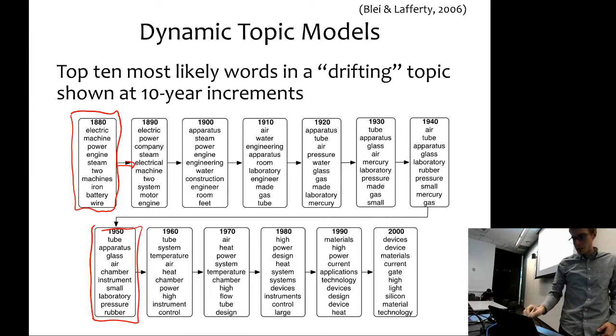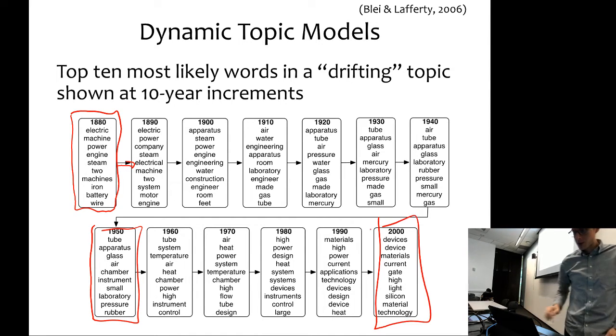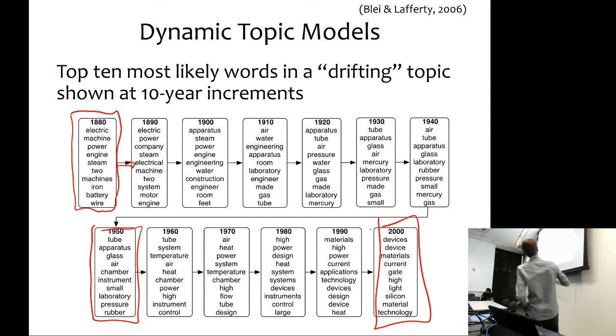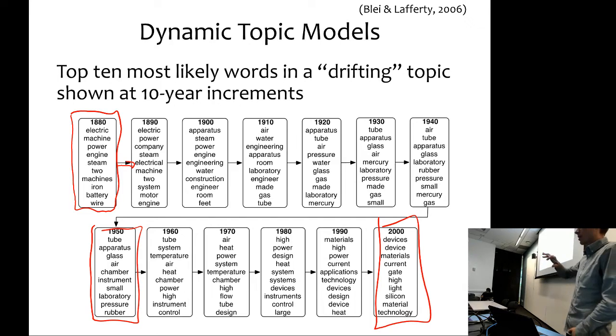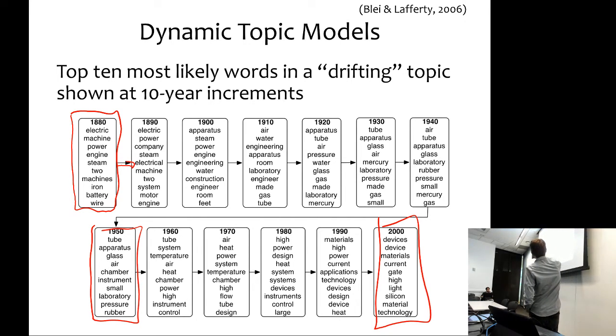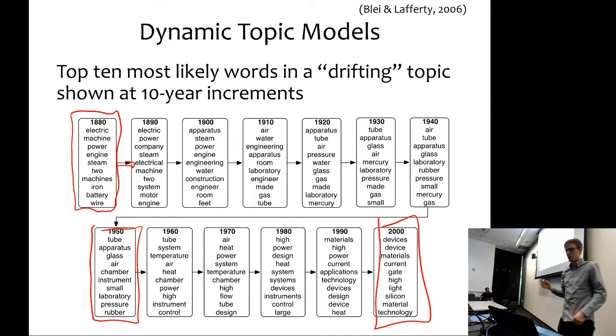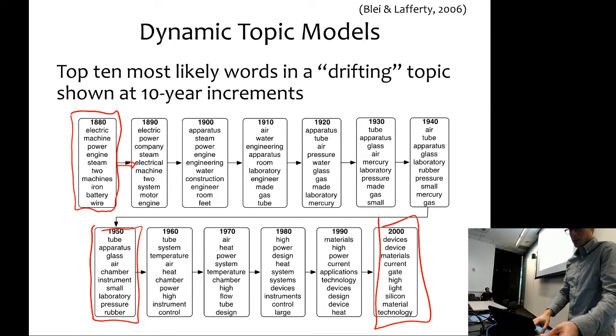And then finally by 2000, we have devices, device, materials, current, gate, high, light, silicon, material, technology. It starts to sound like this technology topic was drifting from a very different use of engineering in the early 1900s to something like maybe computer chip development.